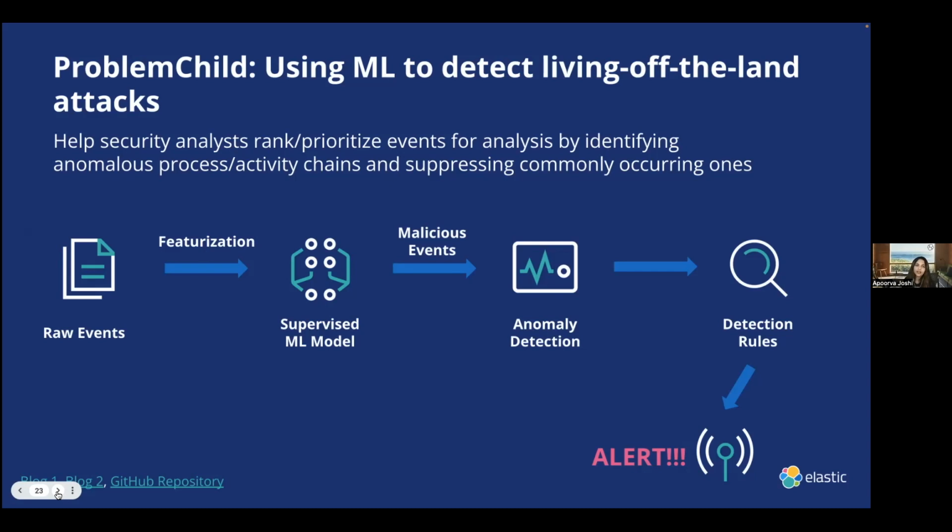And then we trained a classification model also in Elasticsearch using data frame analytics to detect malicious samples in our data set. So the idea here is that if the model flags something as malicious, then that's possibly an indicator of an attack and something we want to flag for further analysis.